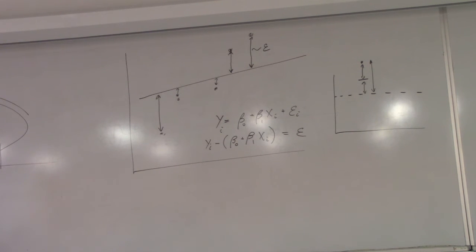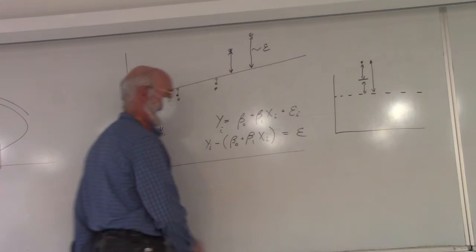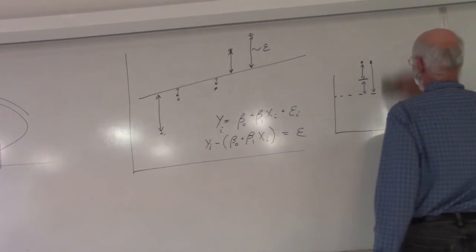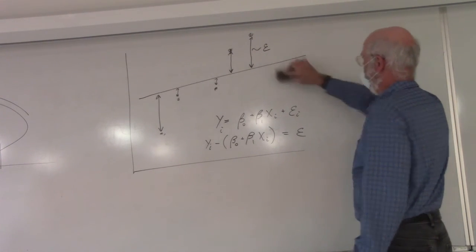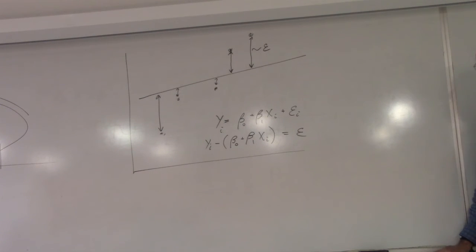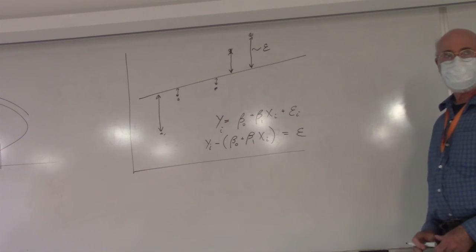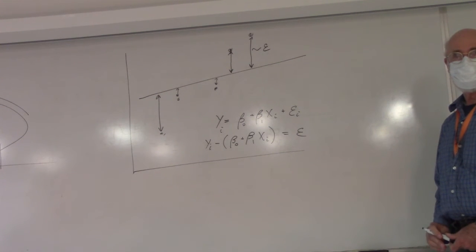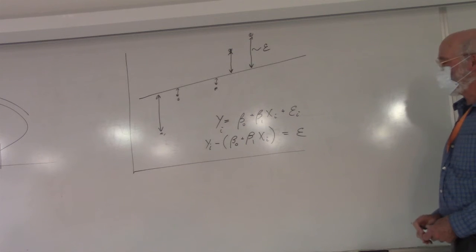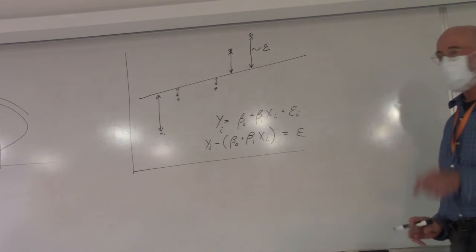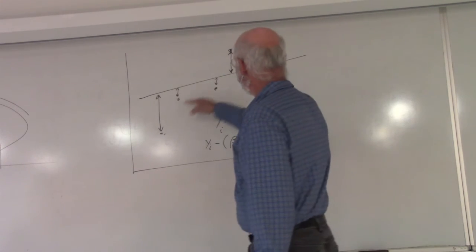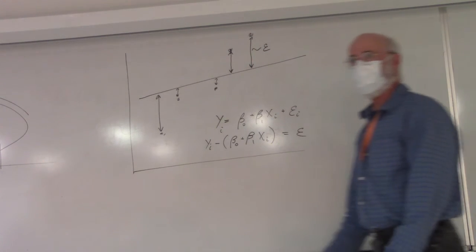Okay? So what am I trying to do when I arrange this line? Trying to minimize the error. I'm trying to make epsilon as small as I possibly can. The smaller epsilon is, the closer my line is going to match all those points.